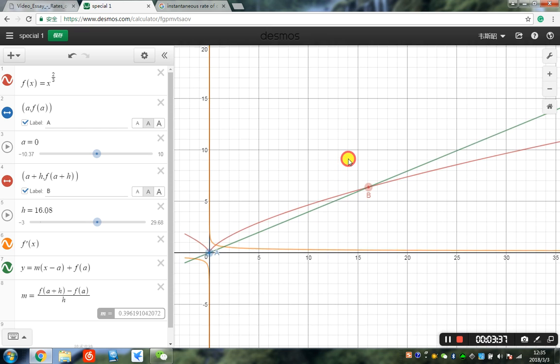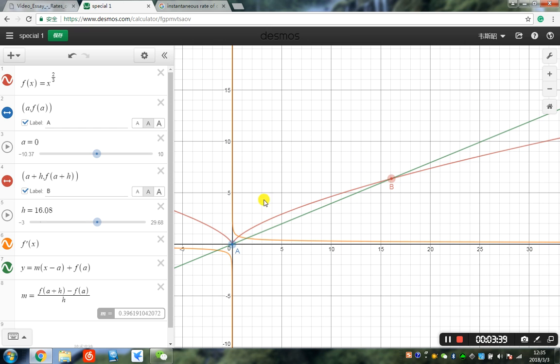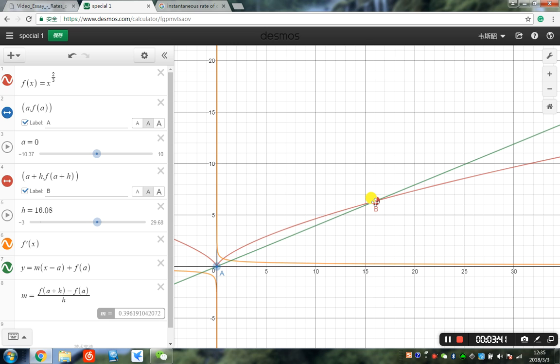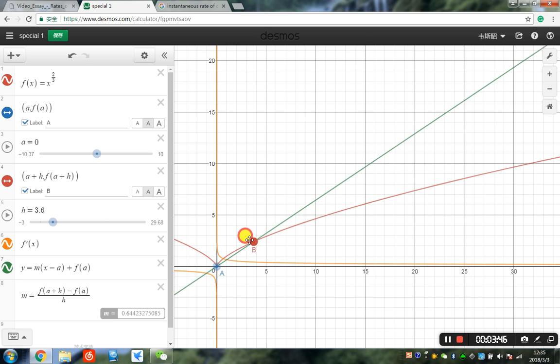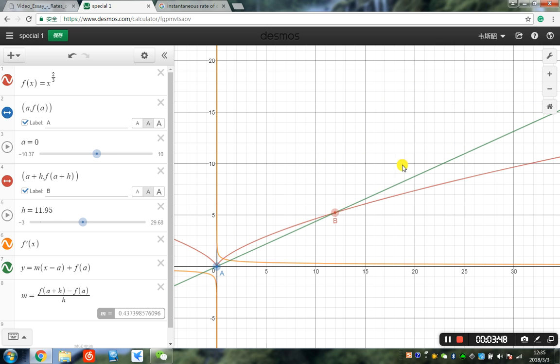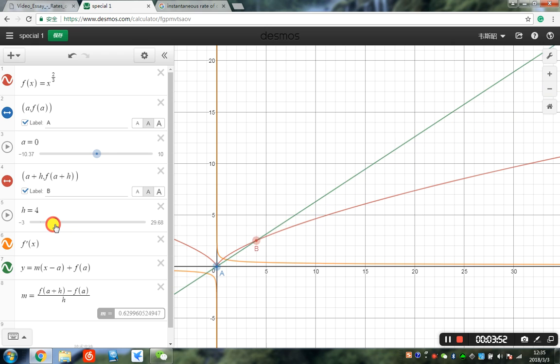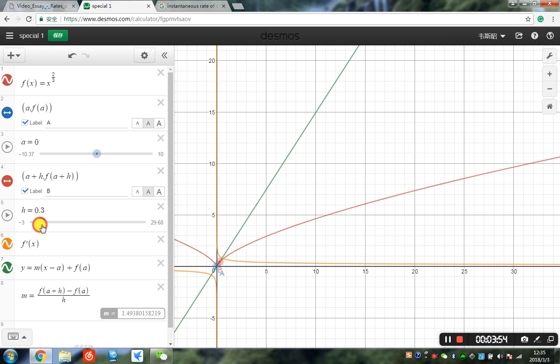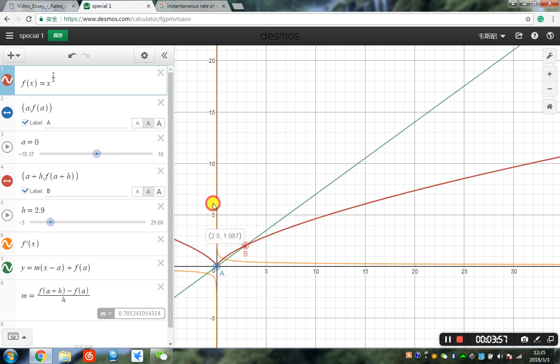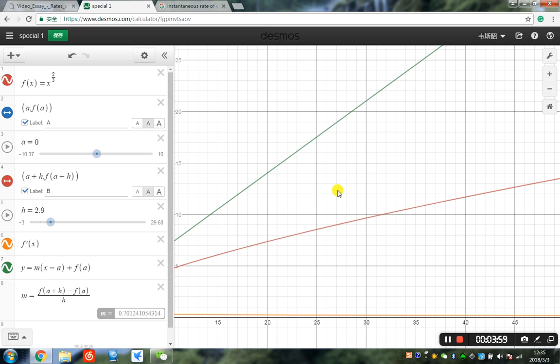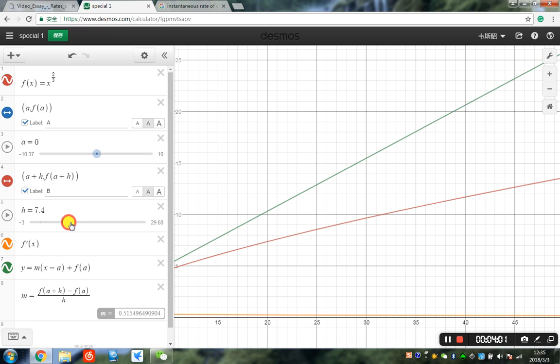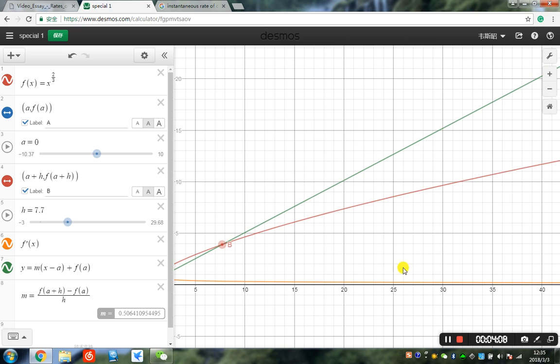If we use our conclusion from before, if we make h approach 0, these two lines, the tangent and the secant, are supposed to get closer. But let's see. You can see this green line is the secant, and this orange line is the tangent here.